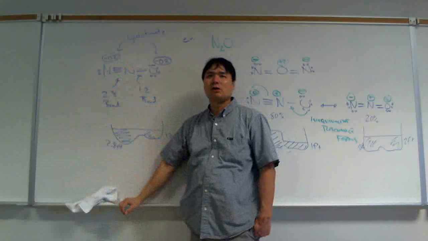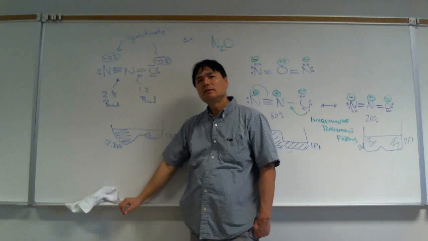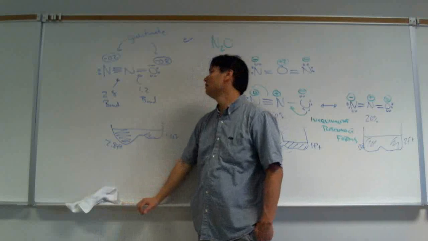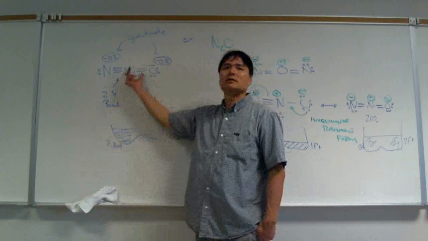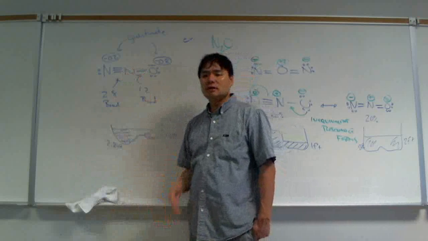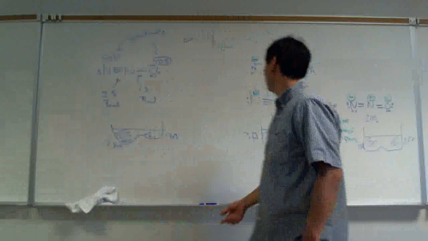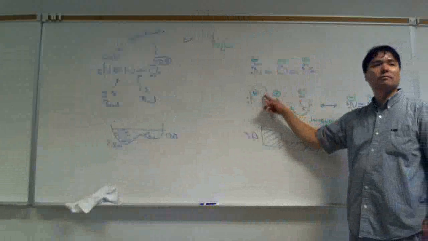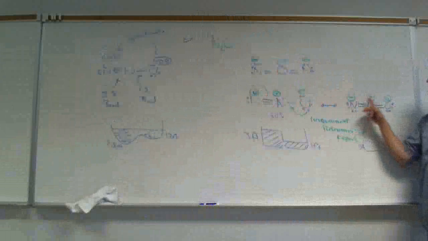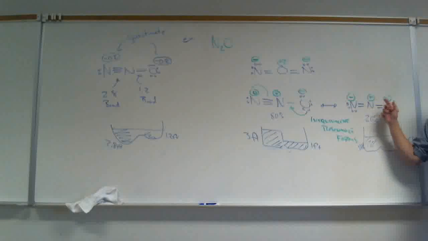So if you run it on Spartan, would it show both of them? No, if you run it on Spartan, you just see this. Spartan's going to show you it's not 0 and -1, it's not -1 and 0. It's somewhere in between.